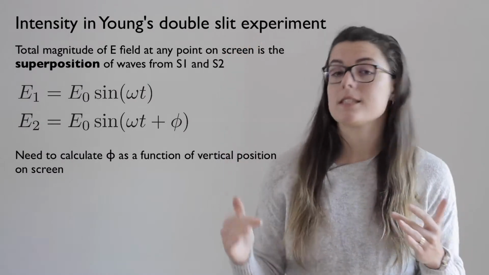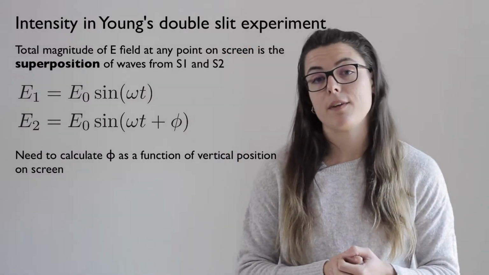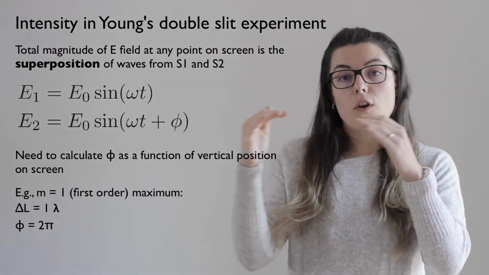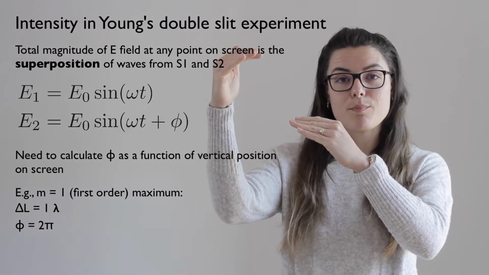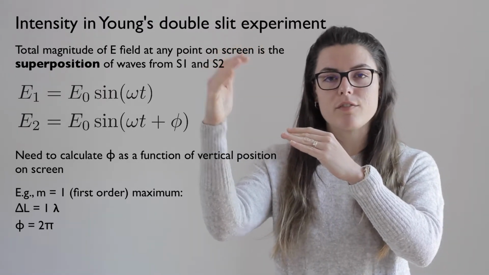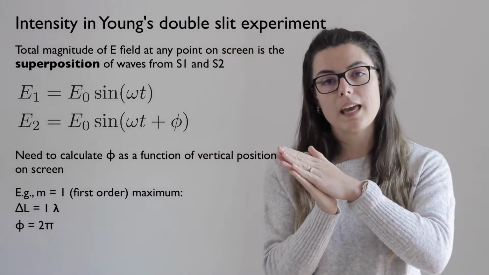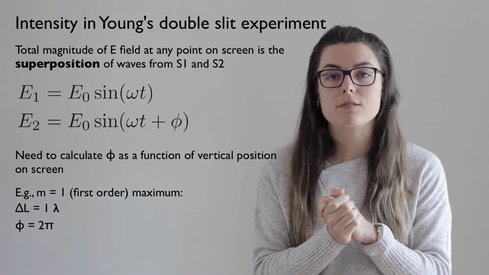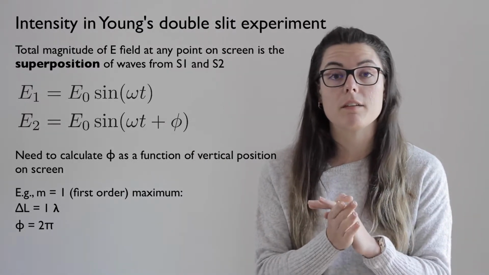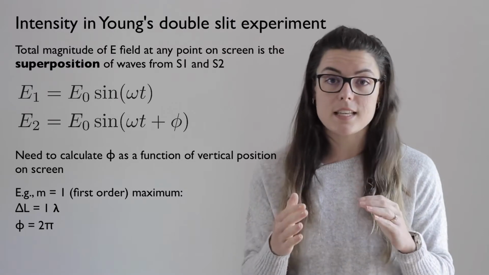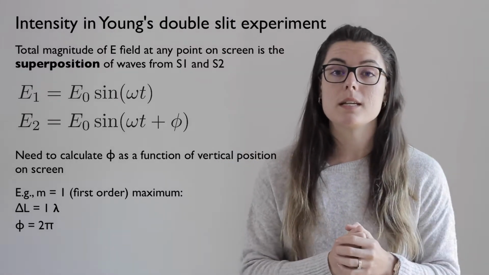Therefore, for different points in the screen, we need to calculate the phase difference explicitly. So for one adjacent bright fringe away from the central bright fringe, remember the path length difference between the two rays reaching that point is going to be one wavelength. Therefore, the phase difference at that point is going to be 2 pi.